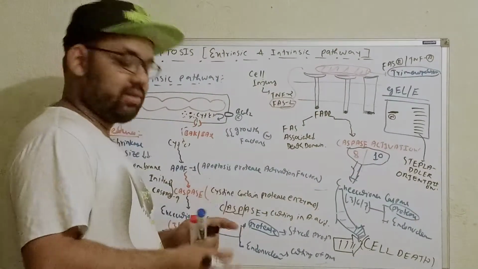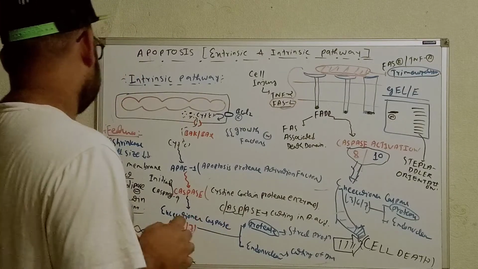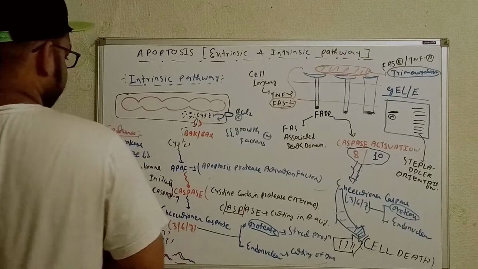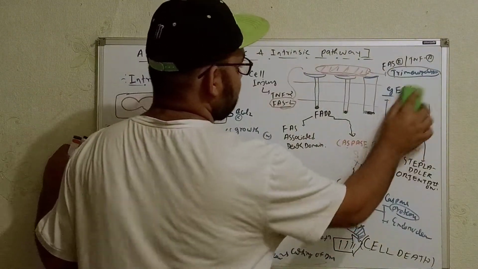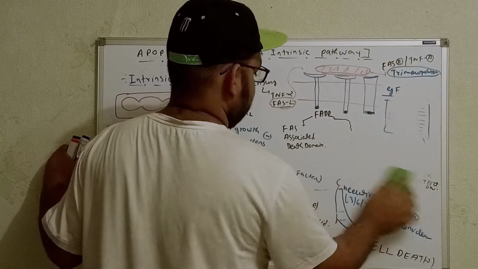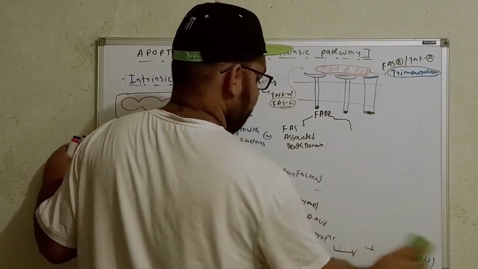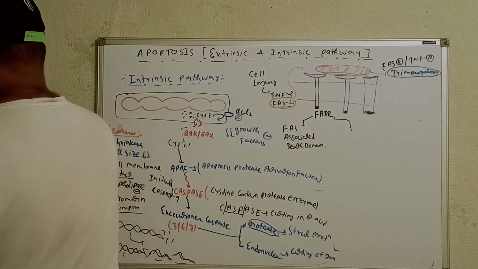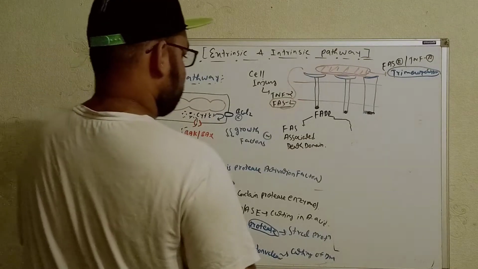Now we'll see some clinical features where apoptosis can be increased and some where apoptosis can be decreased. So where we'll get more apoptosis and where we'll get less apoptosis, we have to know in this way. For that, let me erase this part. There are more processes, but I'm just saying it short.